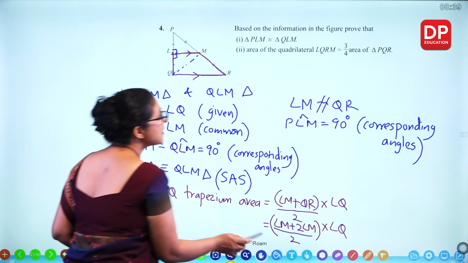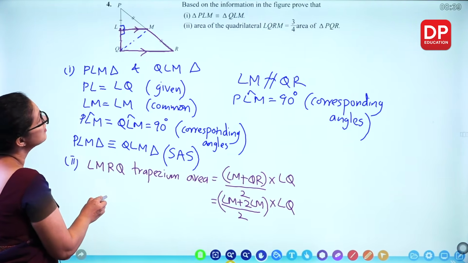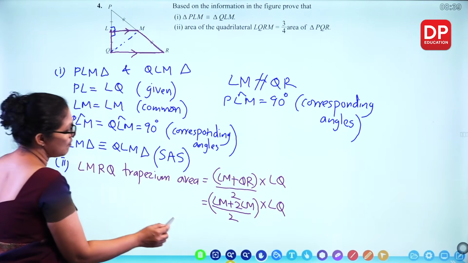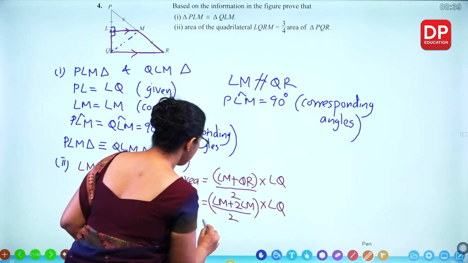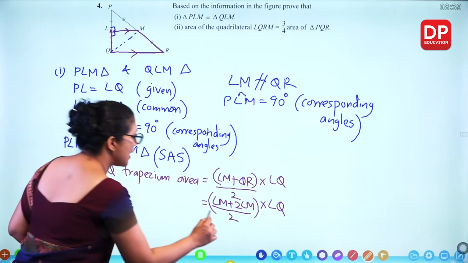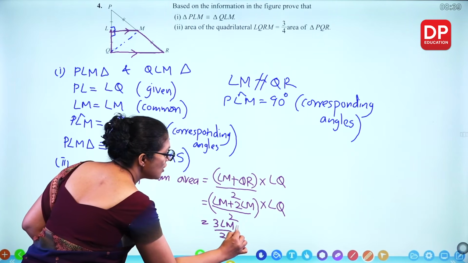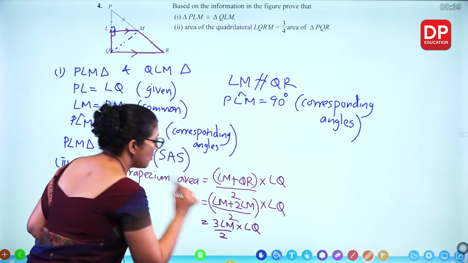Now we'll take that and see what is LM plus 2LM. You get 3 LM over 2 into LQ.